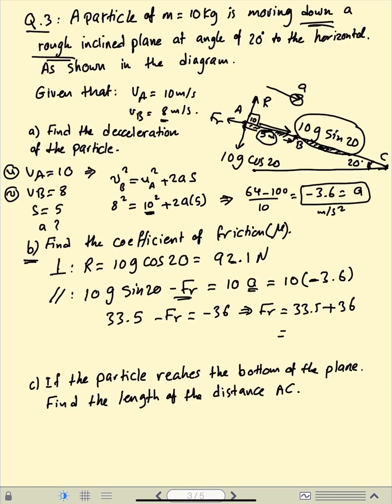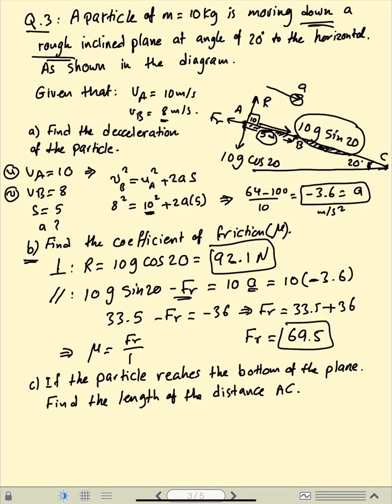Which is 69.5. FR is equal to 69.5 and R is 92.1. So this implies that mu is equal to what?